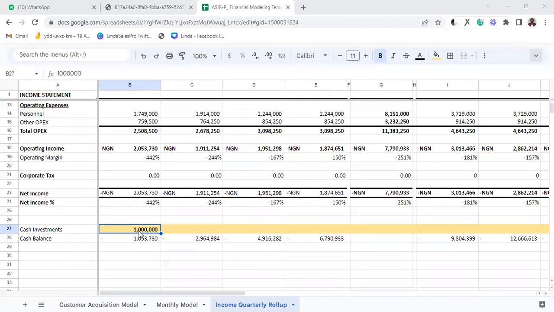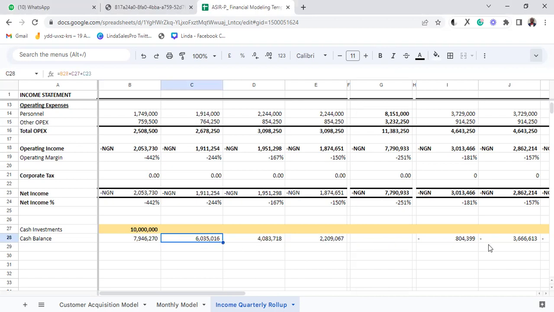So if you raise 1 million naira here, as you can see, this is minus, meaning you have run out of cash. This is your cash balance, right? So let's assume you raise 10 million naira. If you raise 10 million naira, in month one the money is going to remain 7 point something million. In month two, it's going to remain this.